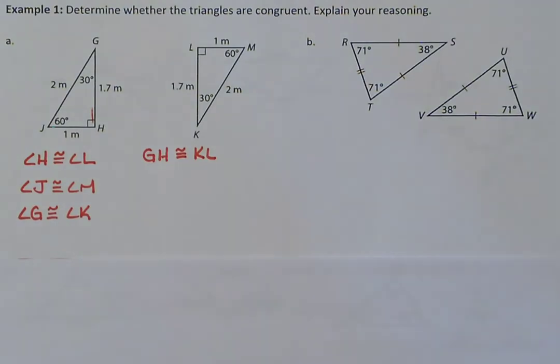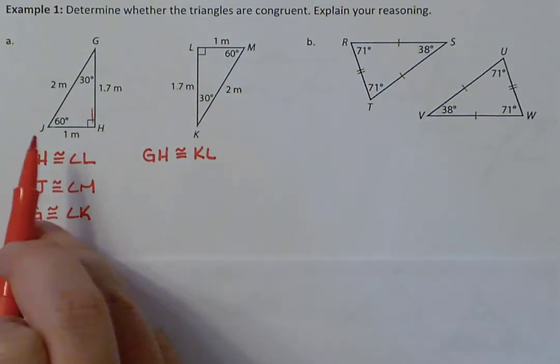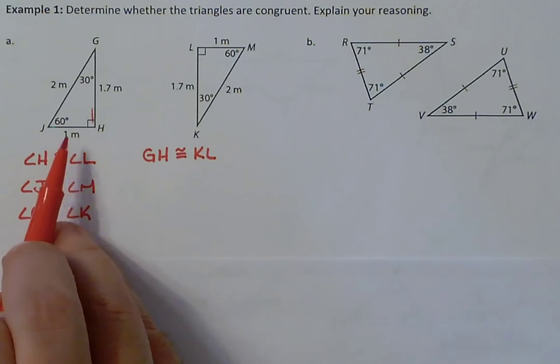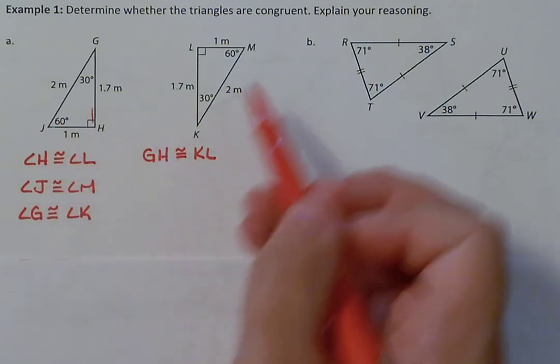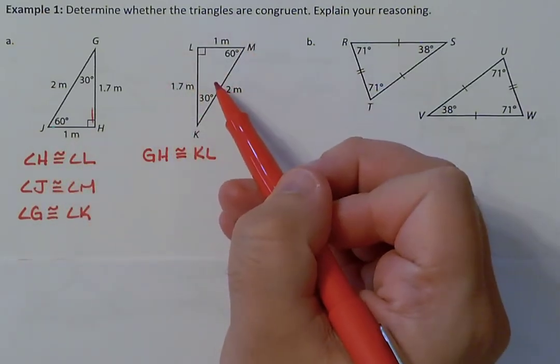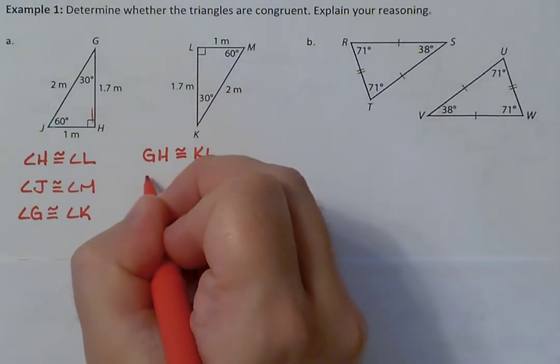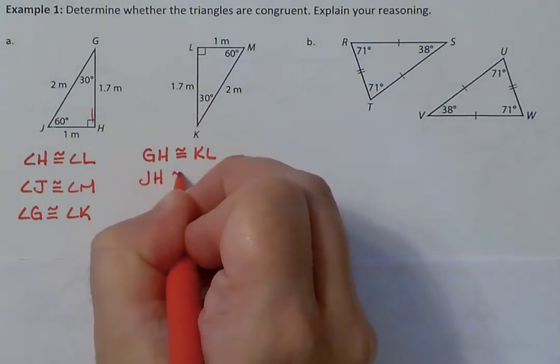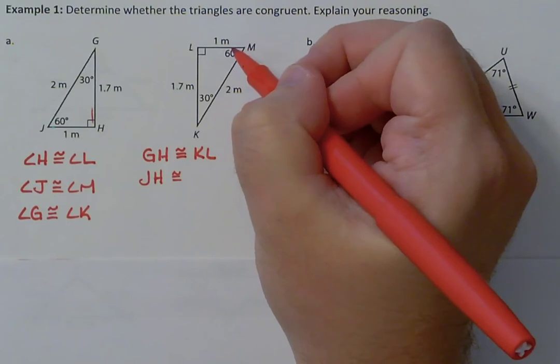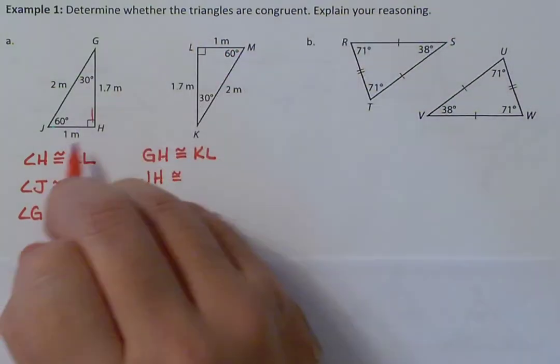And then we're just going to do that for the other two side lengths. JH is 1. Is there a side length over here that is also 1? I know that LM is 1 because that's what they tell me.